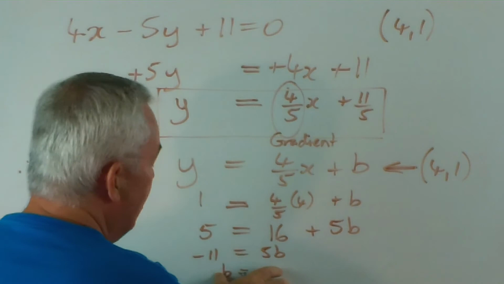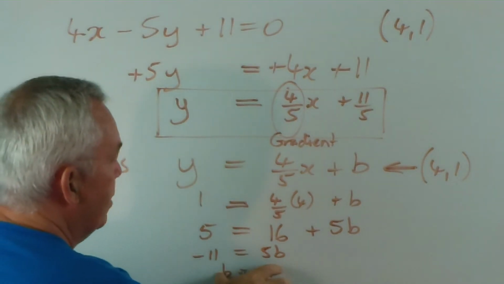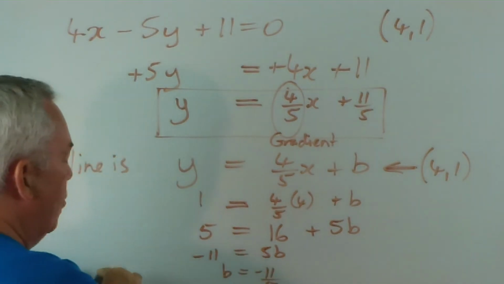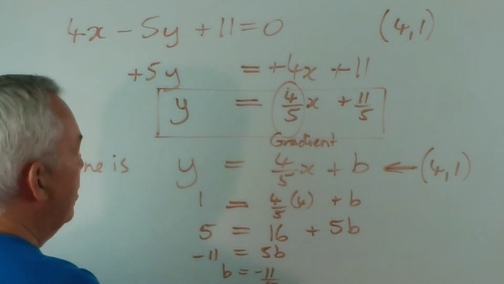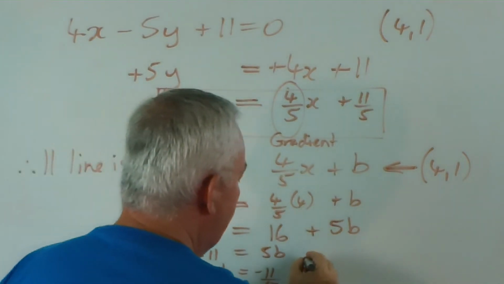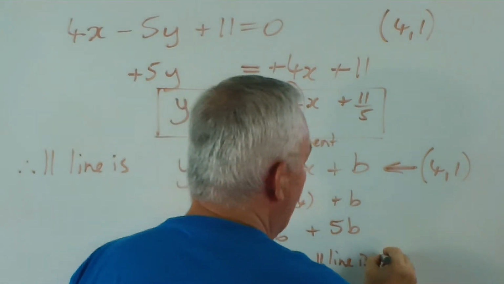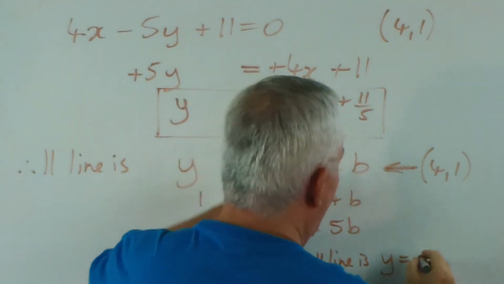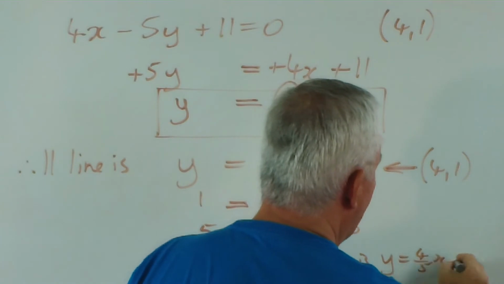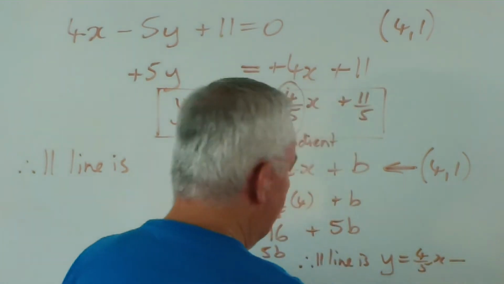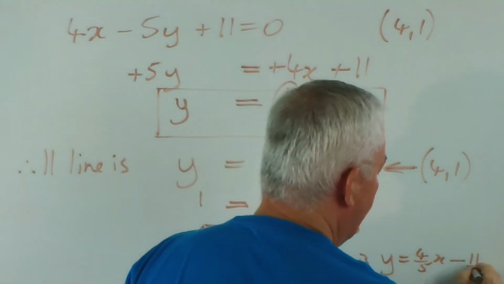So this becomes our constant, or our intercept, and we would say, therefore, the parallel line, I've run out of room, so I'll write it here. Therefore, the parallel line is y equals 4/5 x minus 11 on 5.